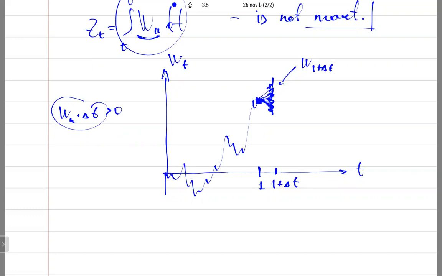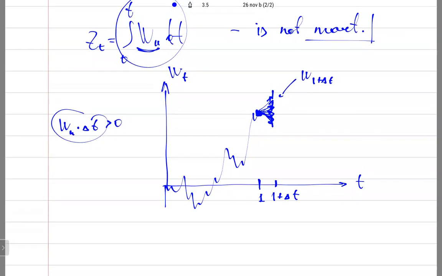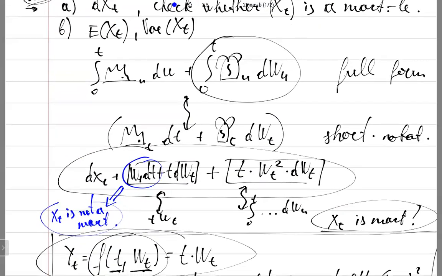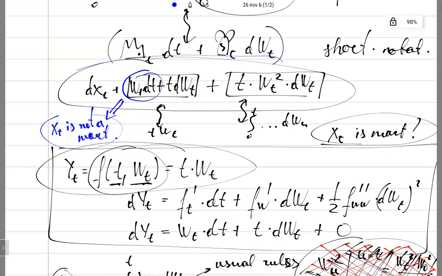Excuse me, can you please once again explain the logic of what you did? The logic for martingale? No, on the previous slide about dxt. What is the final value of dxt?